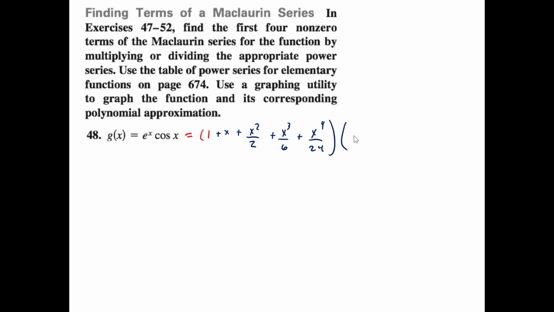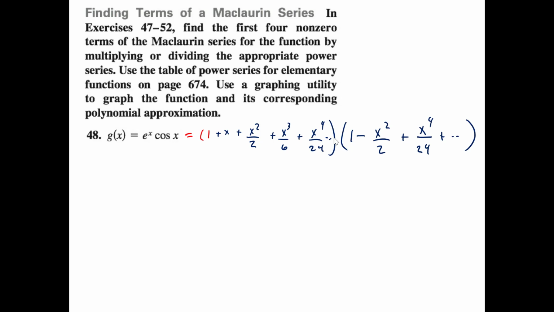And then the cosine of x is 1 minus x squared over 2 plus x to the 4th over 24, and so on. We only want the first 4 terms, right? And so we only want to go up to the 4th power, right?